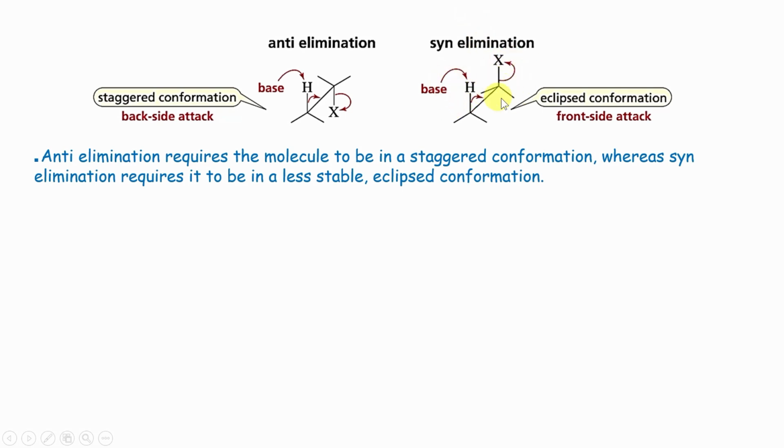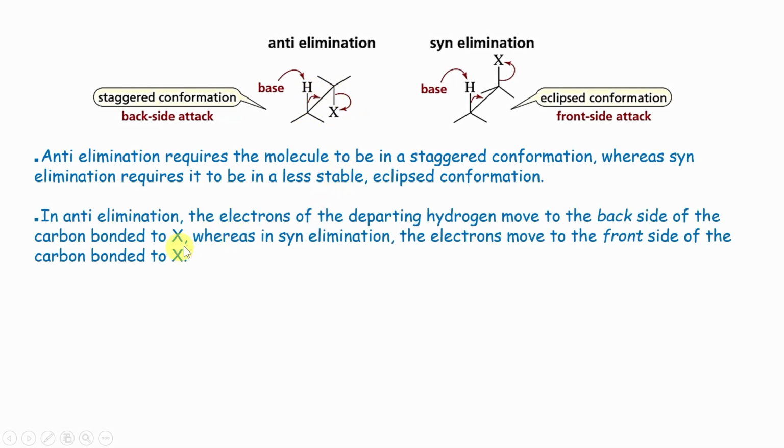It is the less stable eclipsed conformation, that is, in the syn elimination, where the departing groups are in the less stable eclipsed conformation, whereas in anti-elimination they are in a more favorable staggered conformation. In an anti-elimination, the electrons of the departing hydrogen move to the backside of the carbon bonded to the halogen.